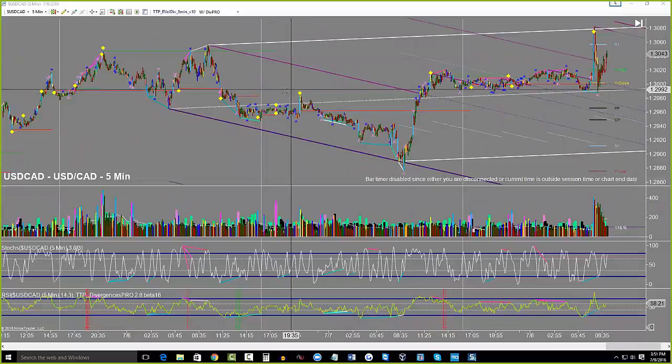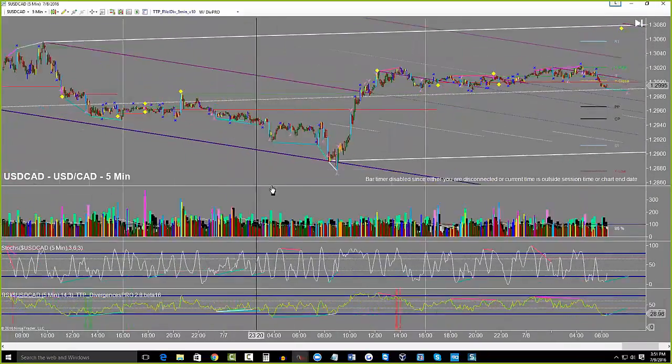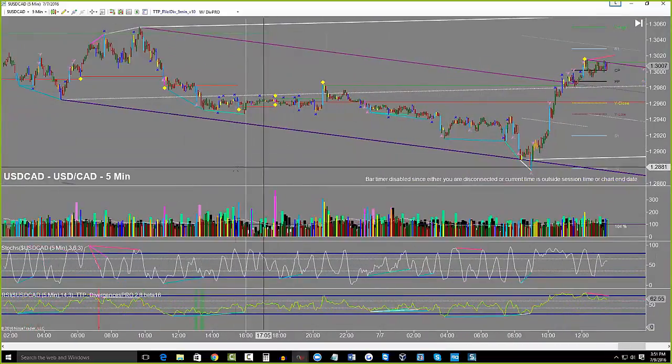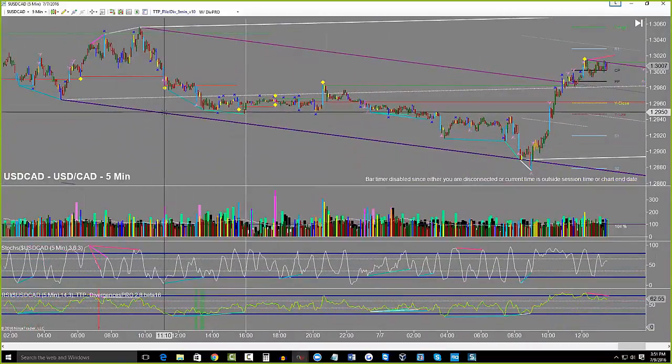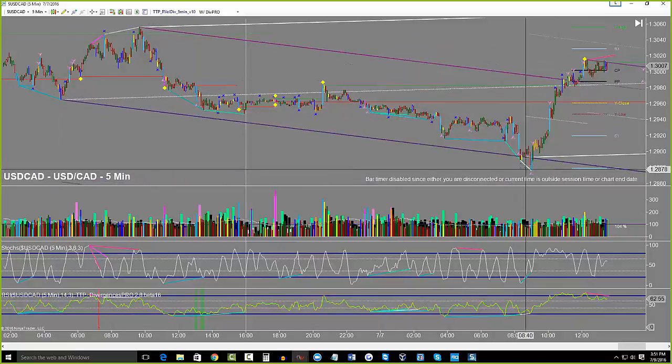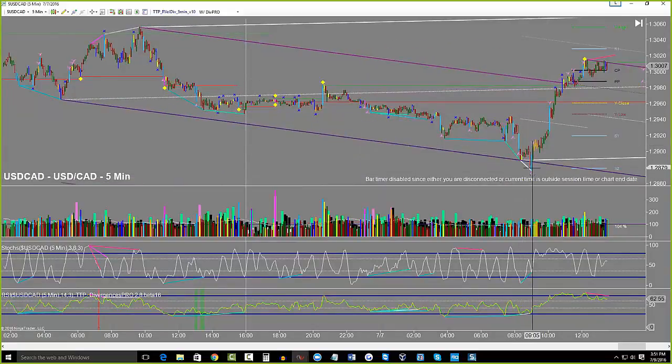So from here on the 5-minute chart, and I know this looks kind of messy, it's because I have it all scrunched up so that you can see the area that I'm drawing. I'm drawing from the low here. Let me just delete it and draw it again. I'm drawing from the low here to the swing low before that really fast move, straight down and straight back up.